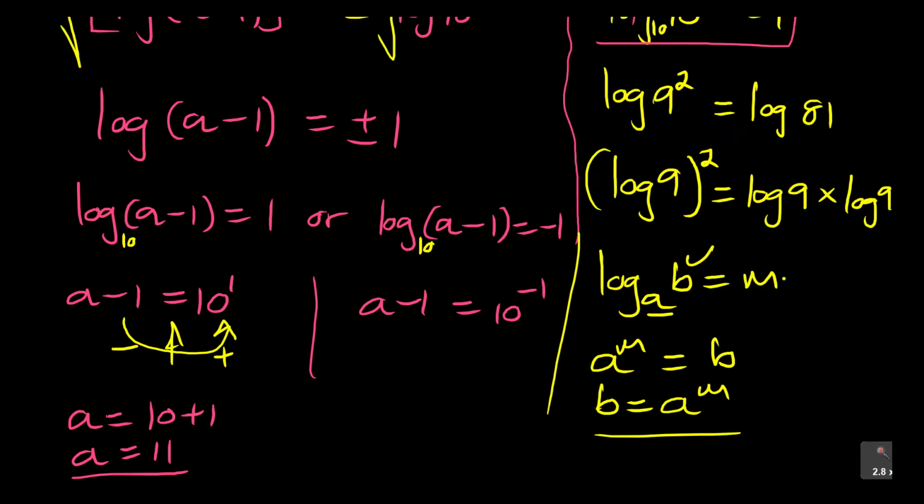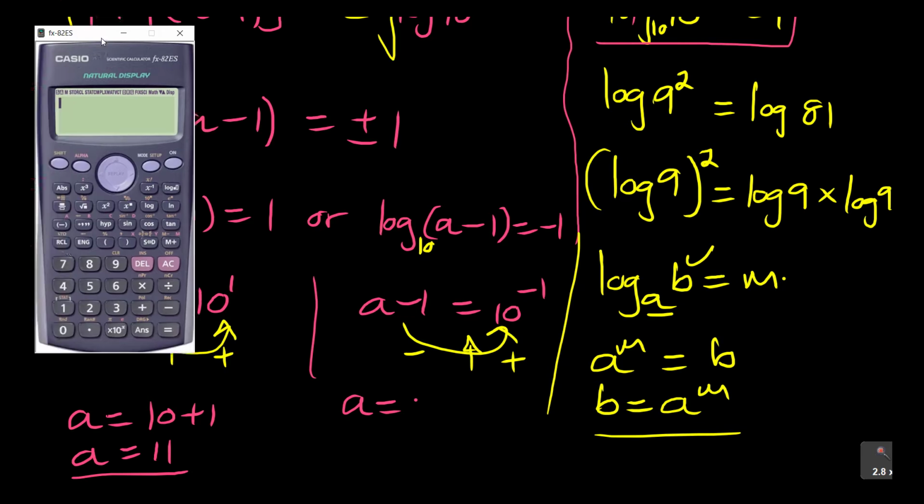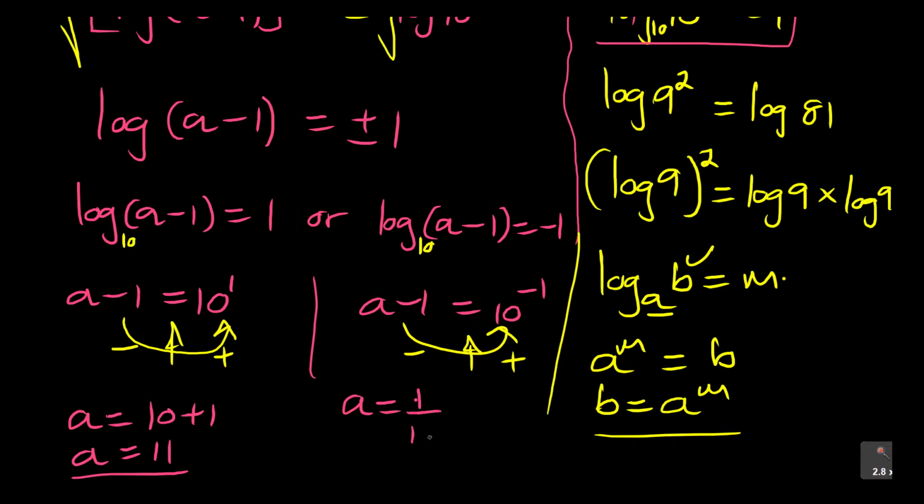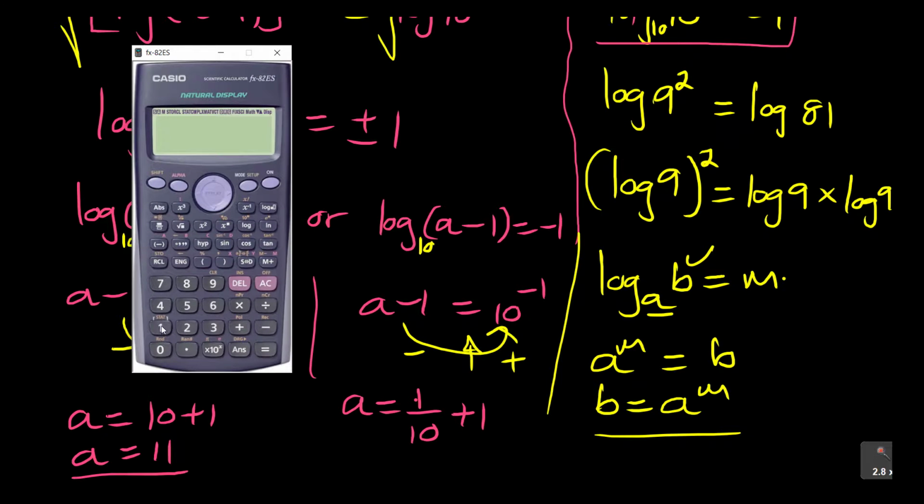Similarly, take the 1 to the other side, from negative, crossing the equal sign to positive. So a is equal to 10 to the power negative 1 plus 1. You can use a calculator there. What is 10 to the power negative 1? It's 1 over 10. So you've got 1 over 10 plus 1, which is 11 over 10.